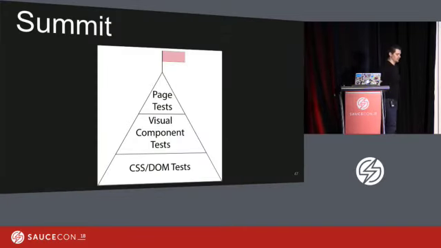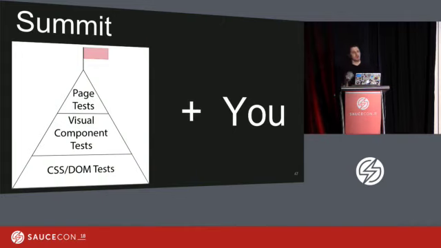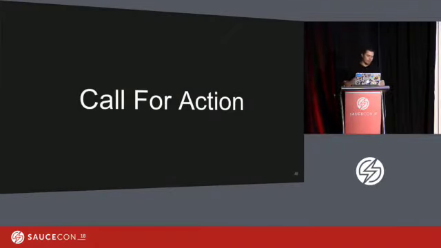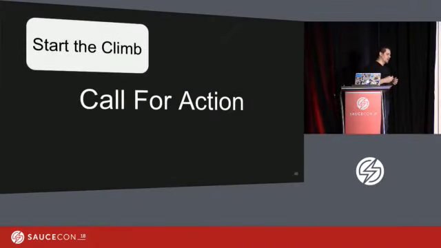So now we have actually reached the summit. We reached the top. And the question here is, what are we going to do next? The next step is to think about how you're going to integrate this pyramid at your workplace or your own personal projects. And so the call to action here is for you to start the climb. Start tackling this test pyramid, and whether you're working with mobile, with just web applications, or with responsive hybrid apps, it doesn't matter.